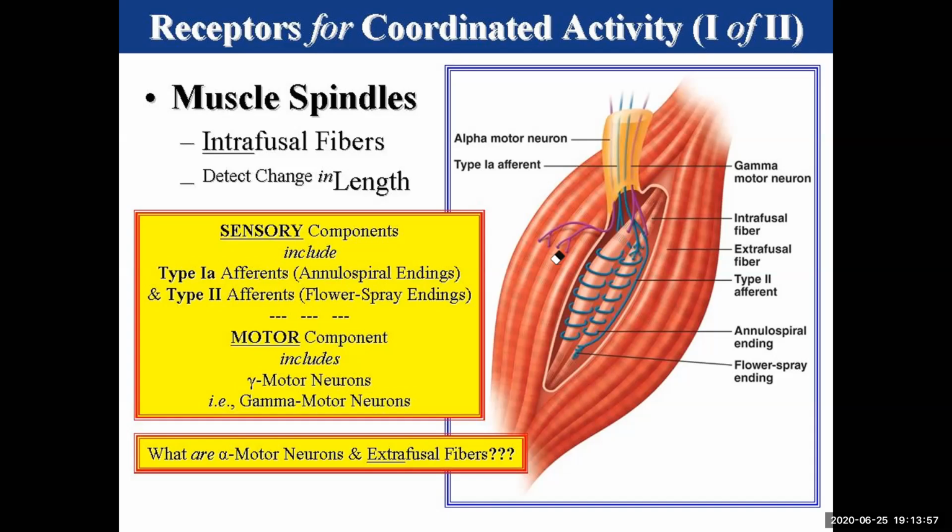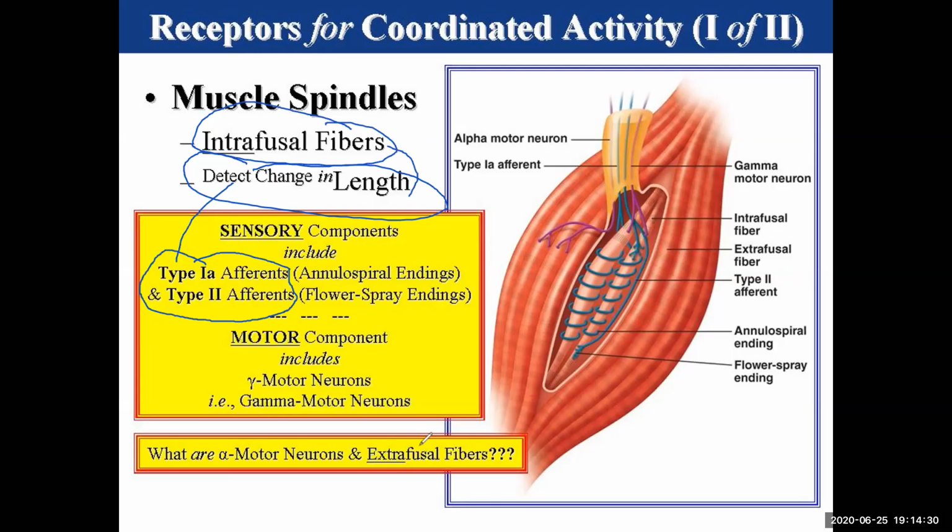So depending on the extent of the shortening of the intrafusal fiber, that shortening is detected by sensory afferents. And this length change is by the intrafusal fiber, not extrafusal.